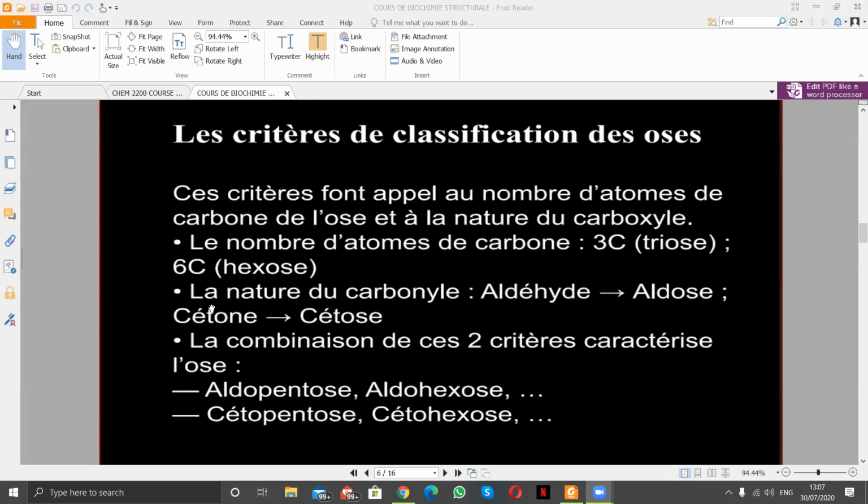In French, take note, a ketone in English is cétone in French. When you add the suffix of monosaccharide, it becomes cétose. Then on aldehyde, when you add the suffix, it becomes aldose.